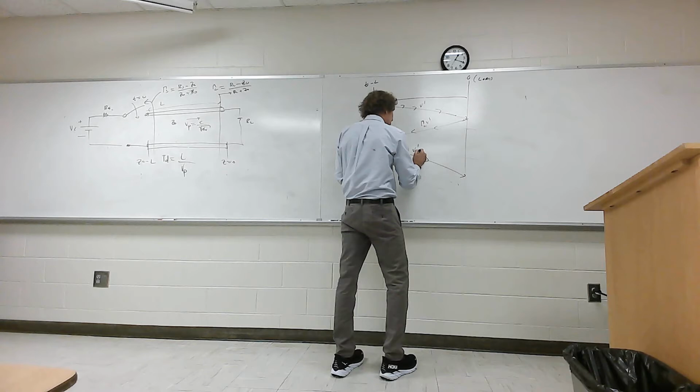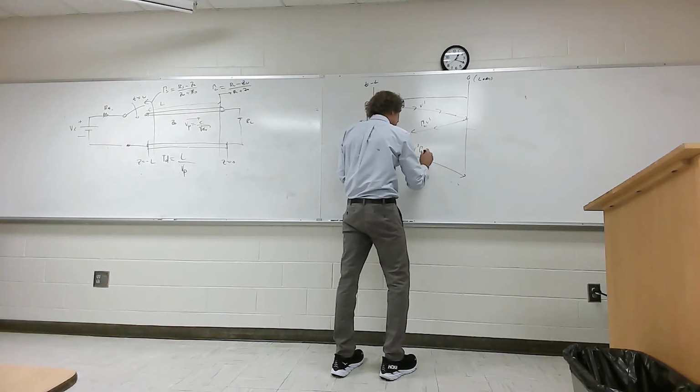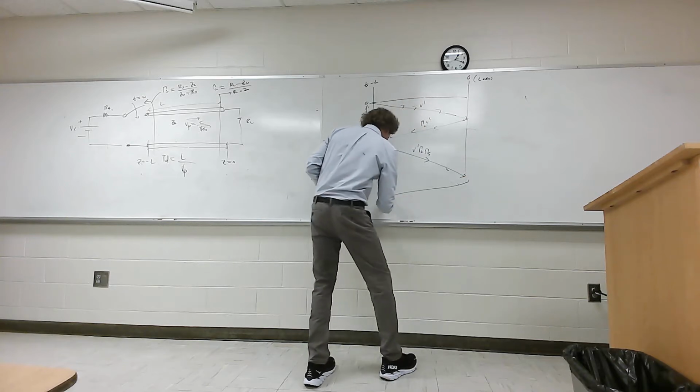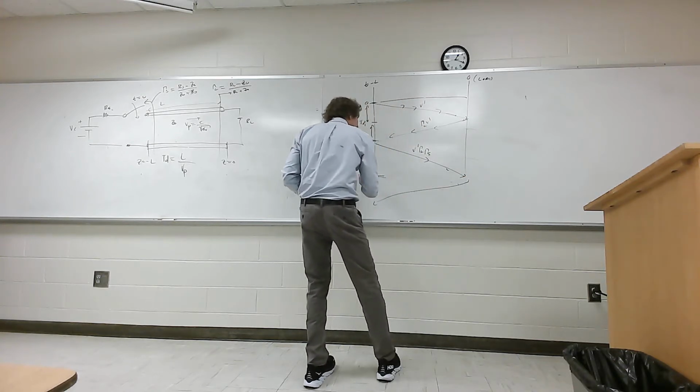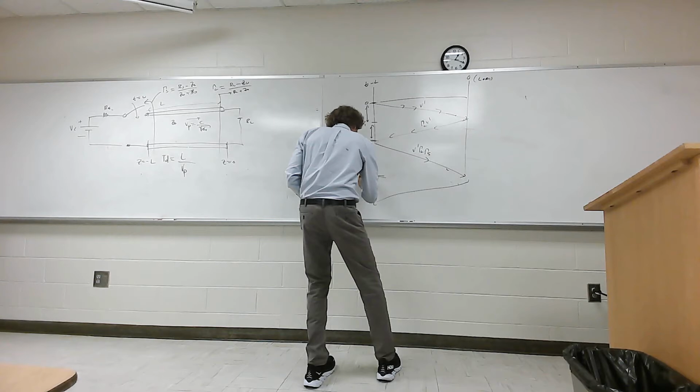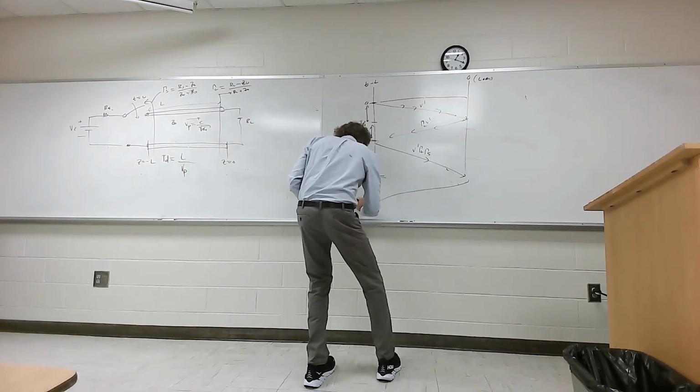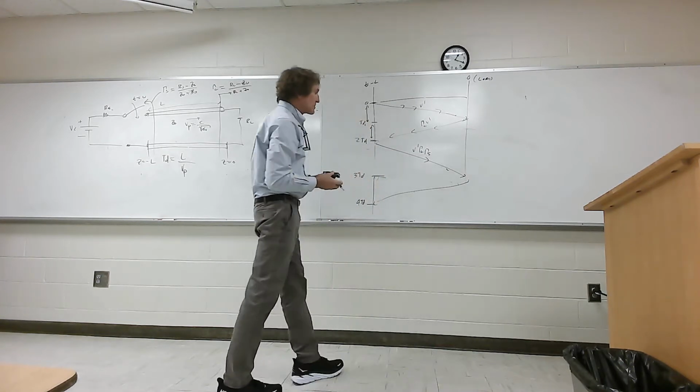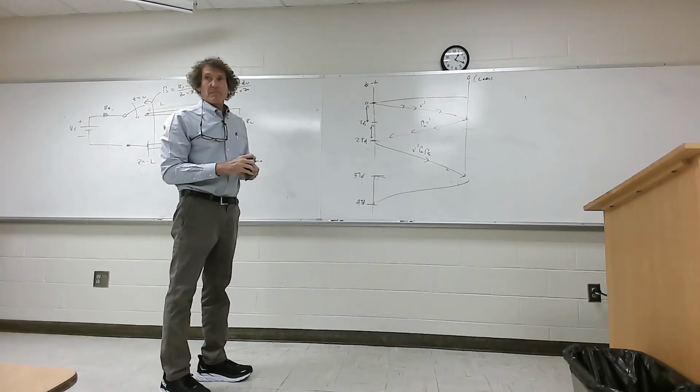This would be V prime times the reflection coefficient at the load times the reflection coefficient of the source when it hits, and we keep going like this, and this would be 3TD, and this would be 4TD. So you get the idea, the progression, right?